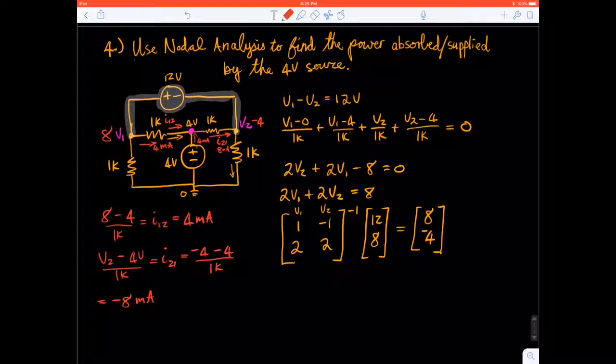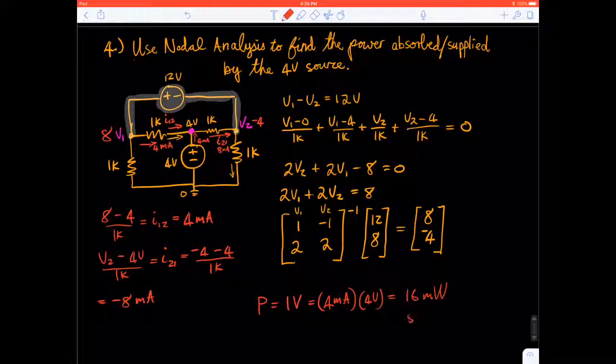To finish up, we know that power is equal to your current times your voltage. Since we know that the current supplied by the 4 volt source is indeed 4 milliamps, and we multiply that with 4 volts, that gives us 16 milliwatts.